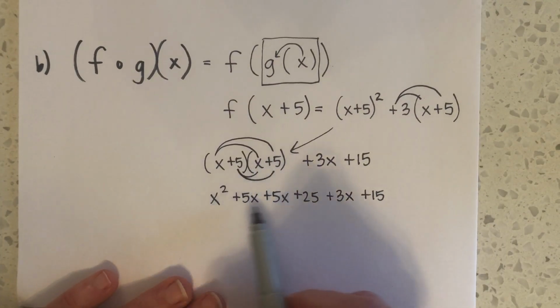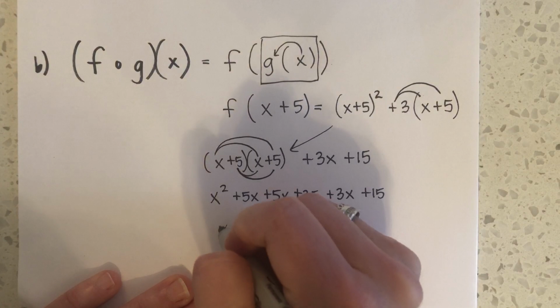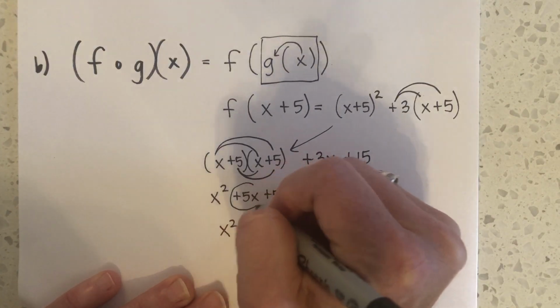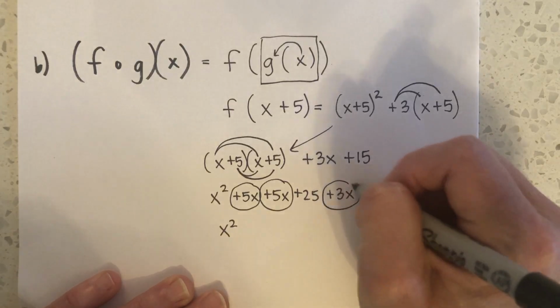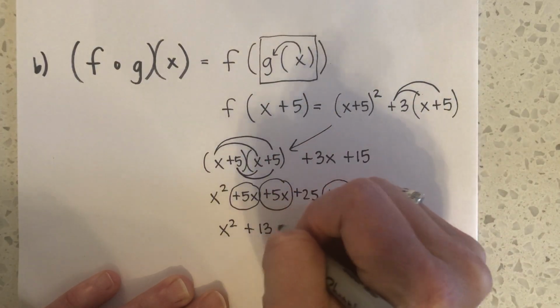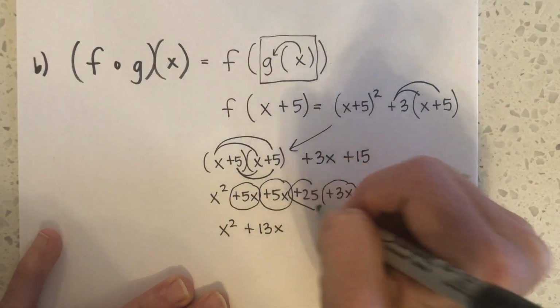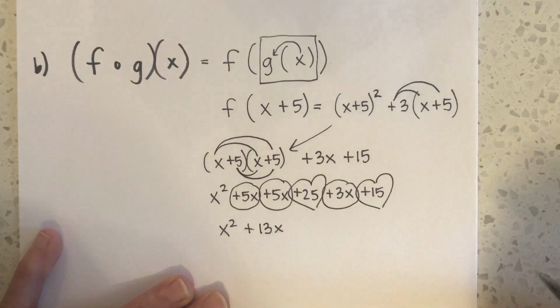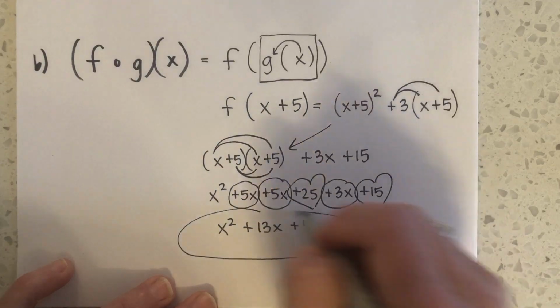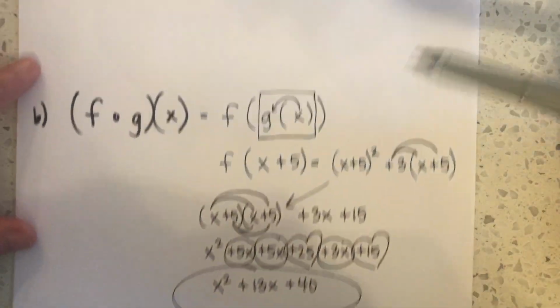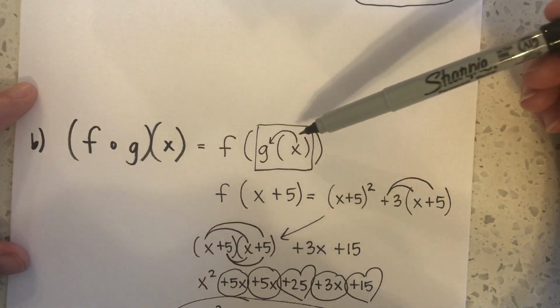So x squared, plus no other x squareds, is x squared. 5x's plus 5x's is 10x's, plus 3 more is 13x's. And then 25 plus 15 is 40. So plus 40. And that is your new answer to what f of g of x equaled.